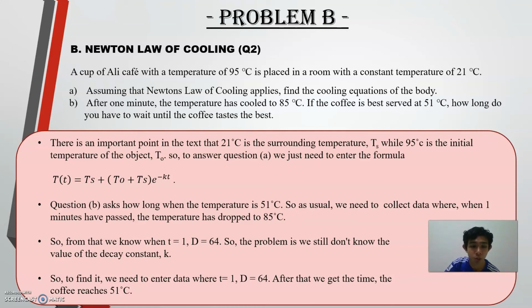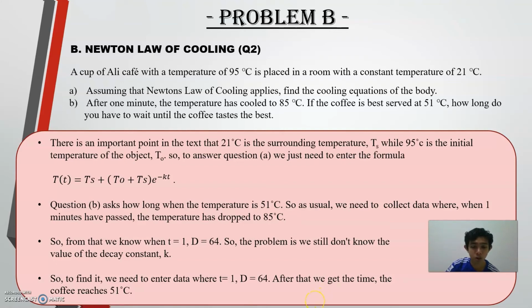So for this question we have 51 Celsius. When time is 1 minute, T1, the D is 64, which is 85 minus 21.